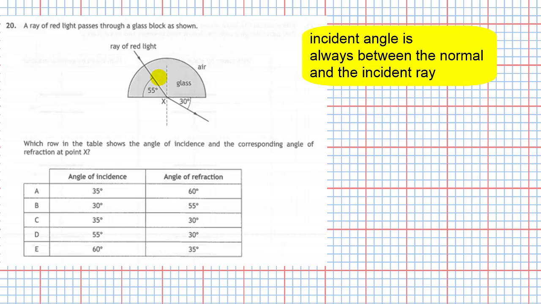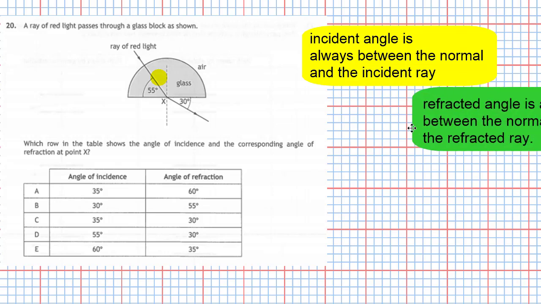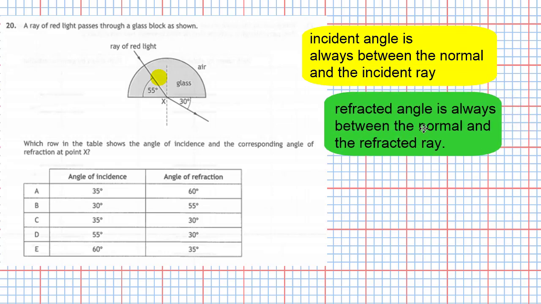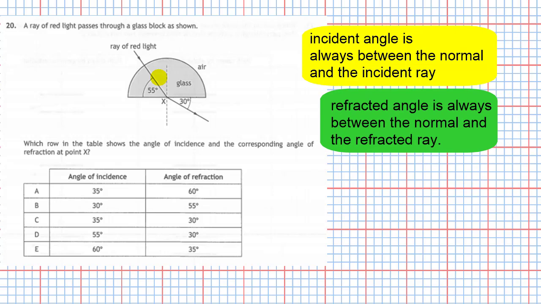If we look at the angle of refraction, the refracted angle is always between the normal and the refracted ray. So we're looking for the refracted ray and the normal, this angle in here. So that's our two angles, but you can see we're not given a value for them. But we can easily work that out, because the normal and the side of the glass block make a right angle.